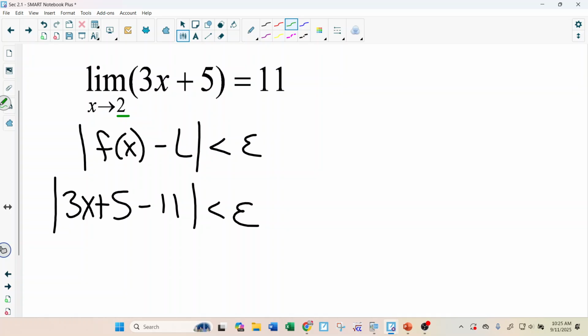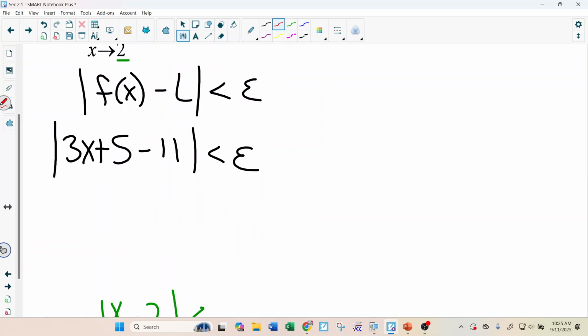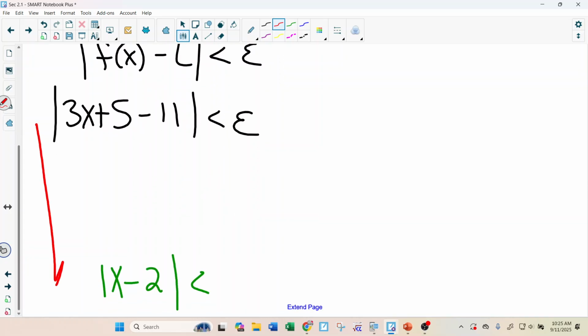So what we're going to do is we're going to try to end up down here at |x - 2|. So in all of these, you're going to start here and try to do algebra to end up there. So you know where you're ending. You know what you're trying to get to. You know what you're trying to make it equal to.